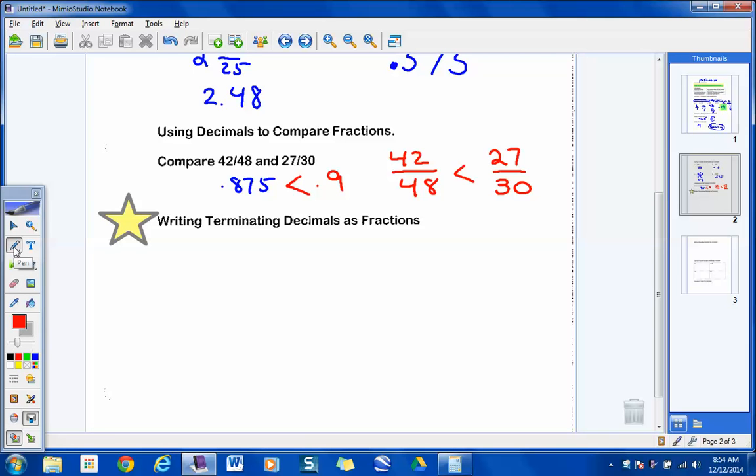Example 6, writing terminating decimals as fractions. Here we go. Guys, what kind of decimal am I working with to start with? Terminating. Okay. I want you to write this note up here. I'm going to put a 1 and then the word zeros back here. 1 and then some zeros, okay?